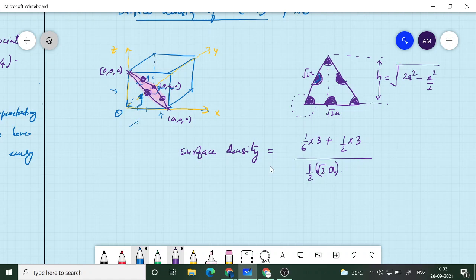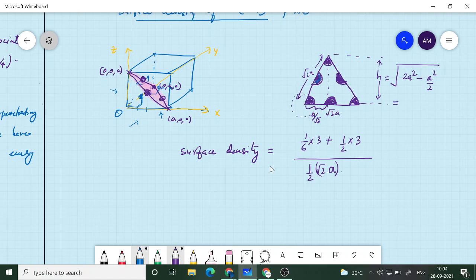So I applied Pythagoras theorem. One side is root 2a, the other side is a by root 2, half of root 2a, and this is root 2a. So hypotenuse square minus this adjacent square will give you this height square. Then you take the square root.